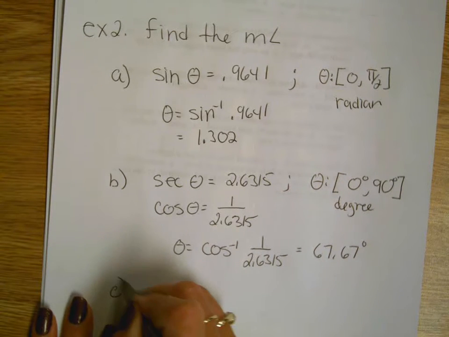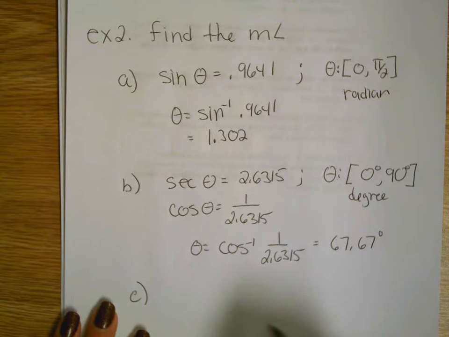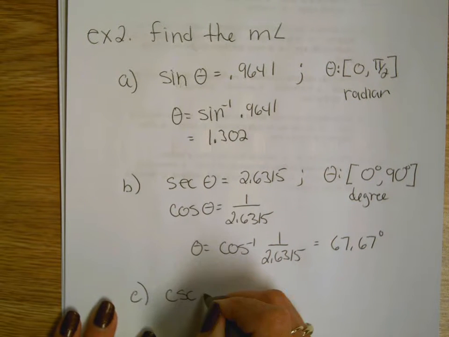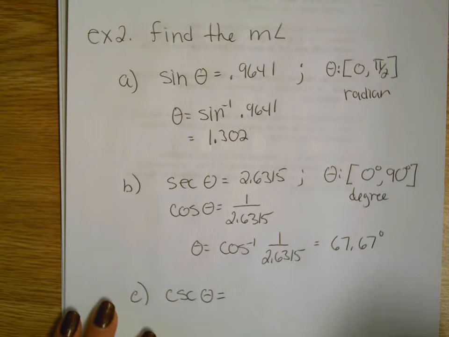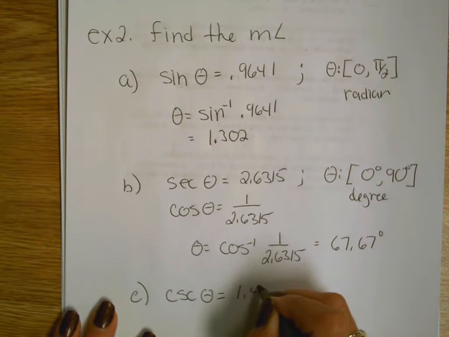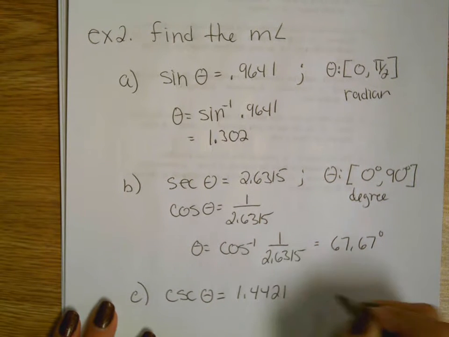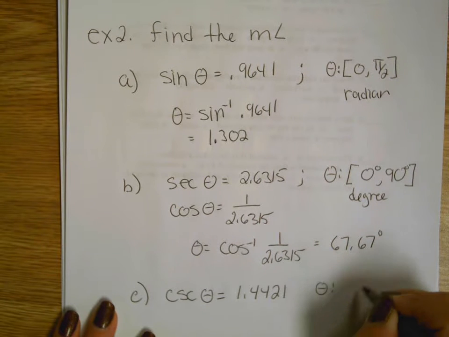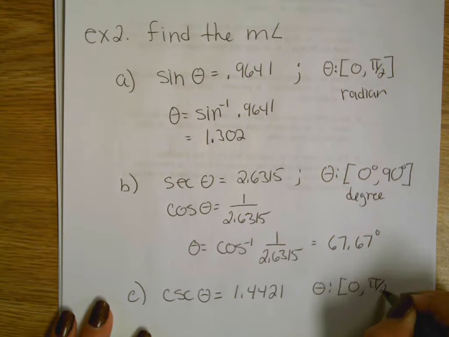Try one more on your own. The cosecant of some angle is 1.4421, and the angle has to be between 0 and pi over 2.